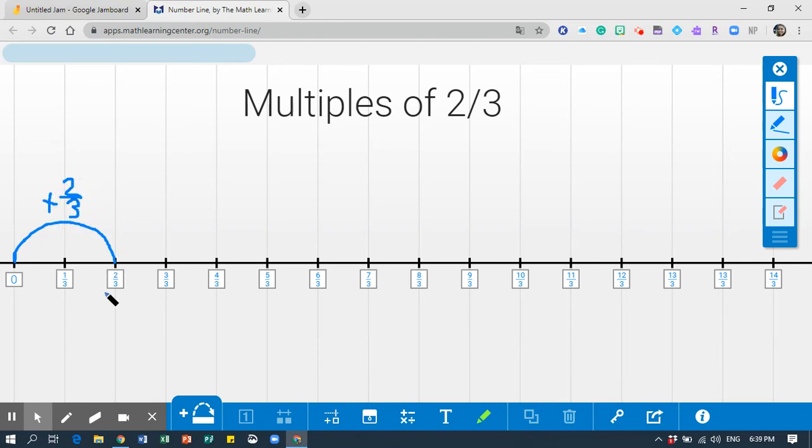Now I have 2/3 and I'm going to add 2/3 more. 1, 2. So I am going to land at 4/3 because 2/3 plus 2/3 gives me 4/3. To find the next multiple, I have to add 2/3 to this number. 1, 2.